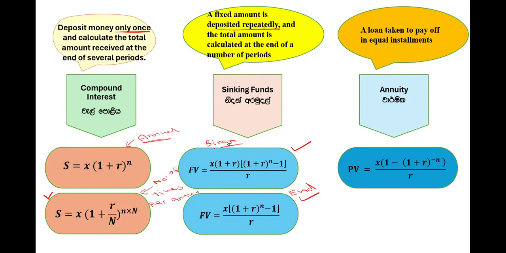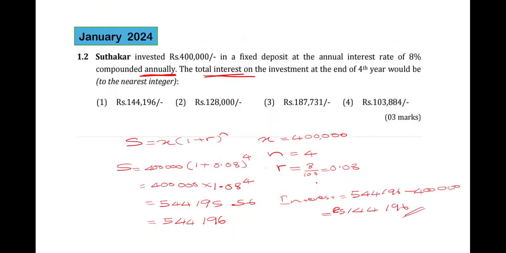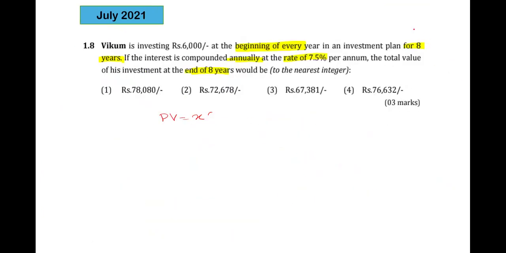If we invest at the beginning of each period, we can use the first one. At the end of each period, we can use the second one. For example, if we deposit at the beginning of each year, or the beginning of each month, we can use the first one. If we deposit some amount at the end of each month, then you can use the second one. Now, this is the beginning, so we can use the first one. X times 1 plus R.